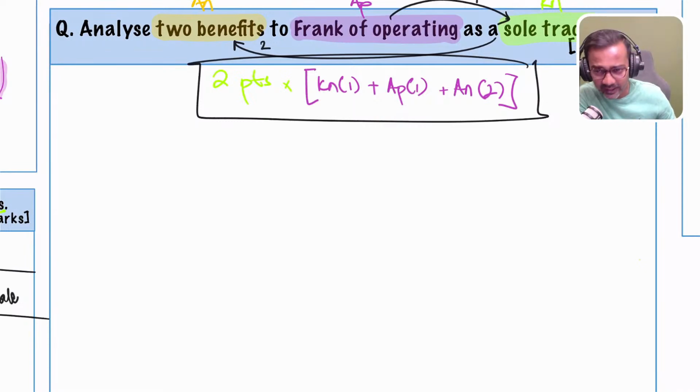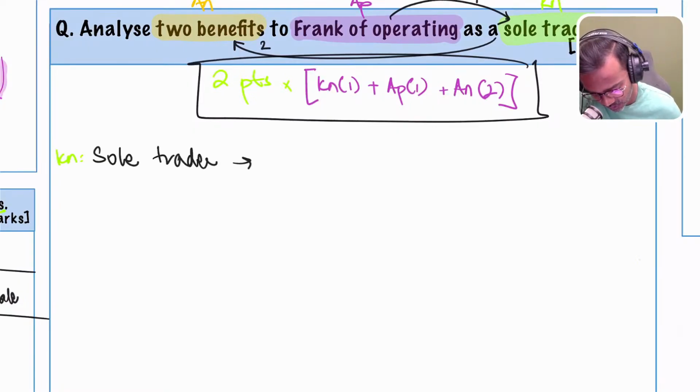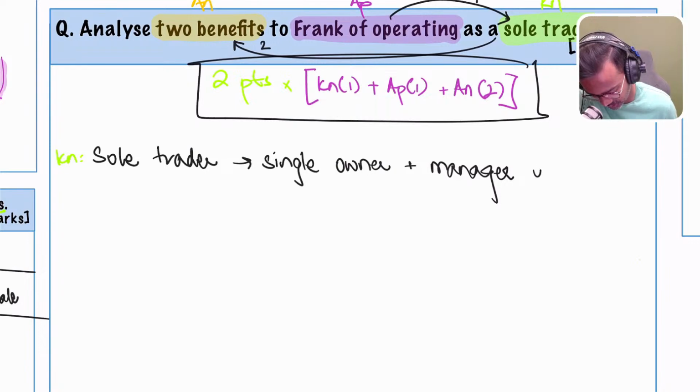So go ahead and define what the knowledge is in this question. And we just saw that the knowledge here we highlighted was a sole trader. So just in 1-2 lines, explain what it means. It means a single owner and manager of a business.